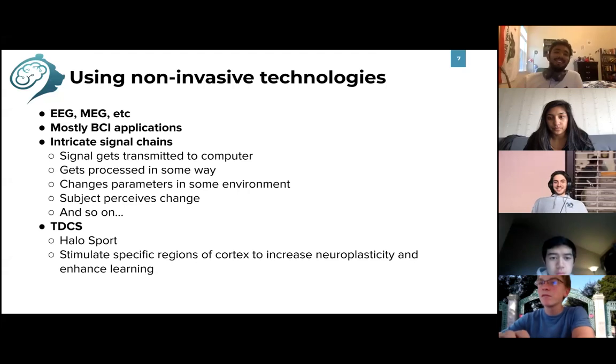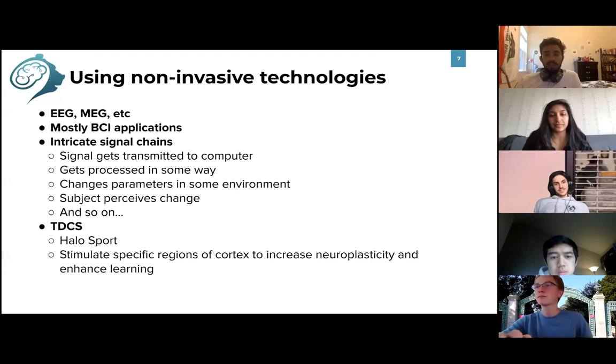Sure. So another way to do neural feedback is with non-invasive technologies, and this is pretty popular in a lot of labs now, especially at UCSF and at Berkeley. So EEG and MEG are the classic things that you do, and the basic methods are pretty simple. You read the brain waves, you send it to your computer.